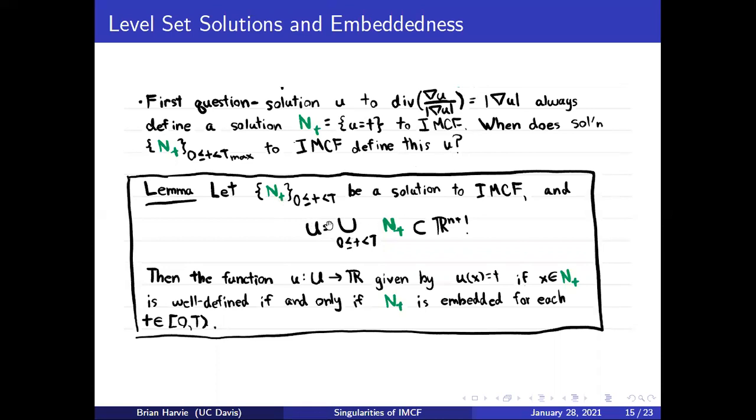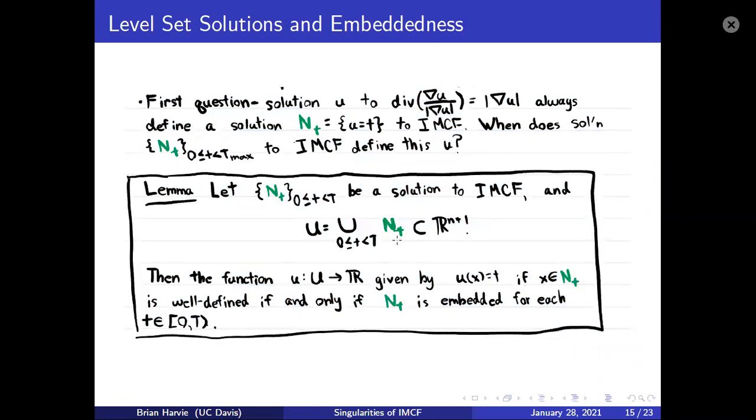So the union of all of the N_t, and call this region big U. So we would like a scalar function little u from big U into R defined the following way. We'd like its level sets to each correspond to a flow surface N_t, so that u of x is equal to t if you have a point x in N_t for a given t.